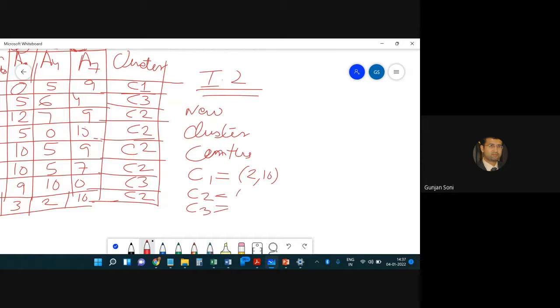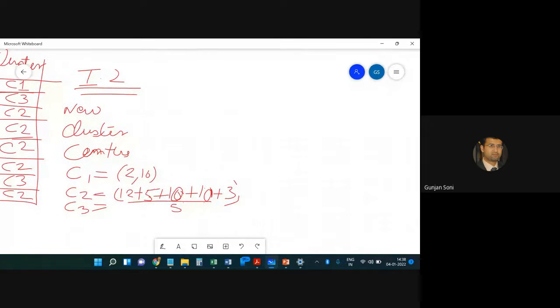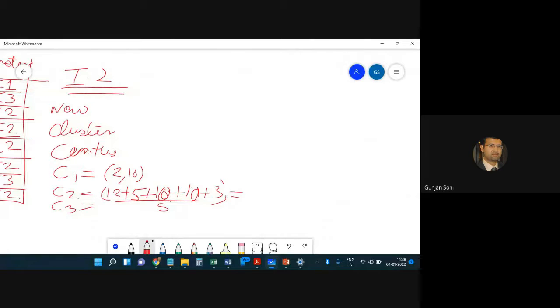So C2 average would be 12 plus 5 plus 10 plus 10 plus 3 divided by 5. Similarly for the second coordinate. So the value for C2 comes out as 6, 6.